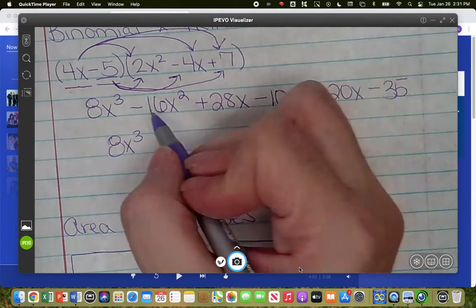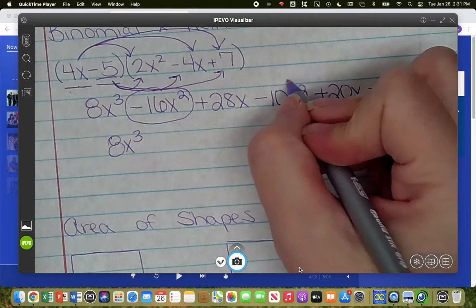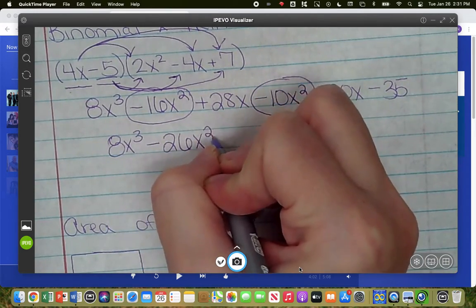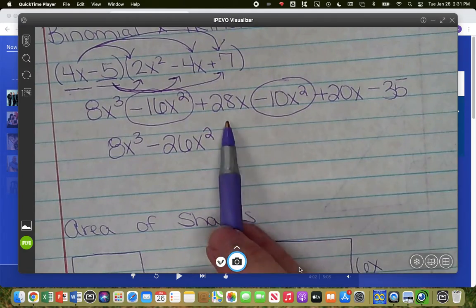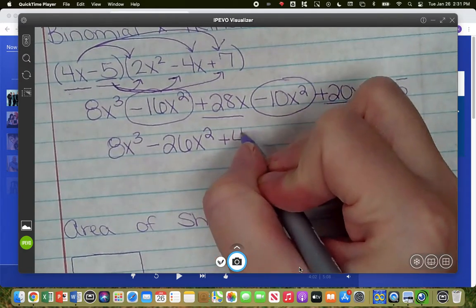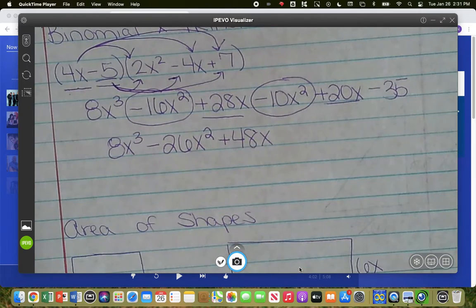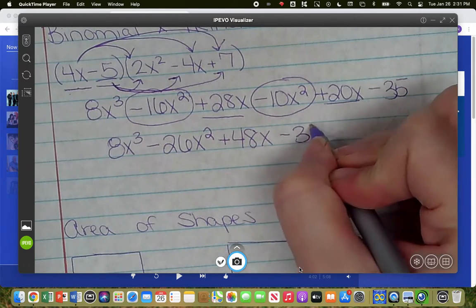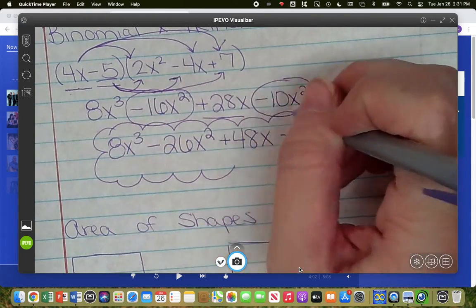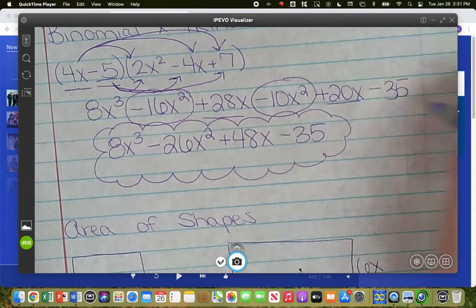The x squareds, I have a negative 16 and a negative 10 to give me negative 26x squared. Then for my x terms, I have 2 numbers, which give me 48x. Add the 28 and the 20 together, and then bring down that minus 35. And then we have nothing else to combine, so we are done.